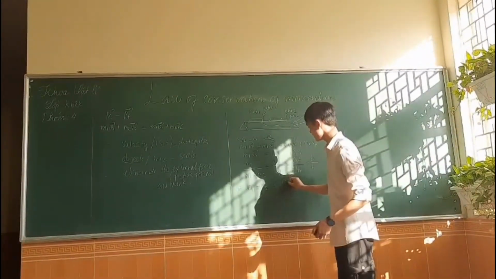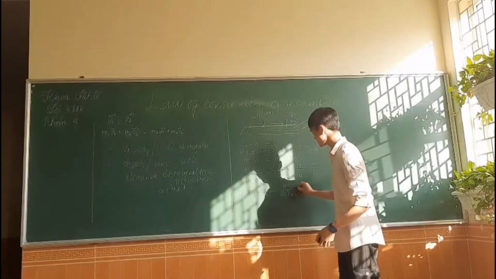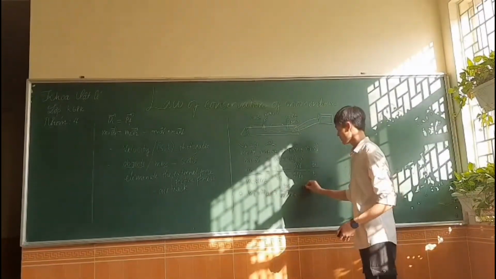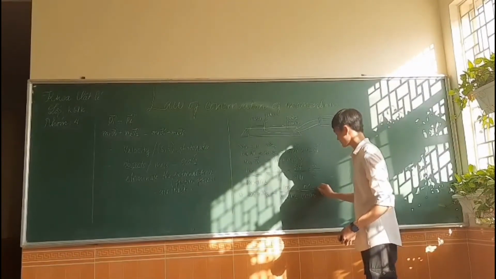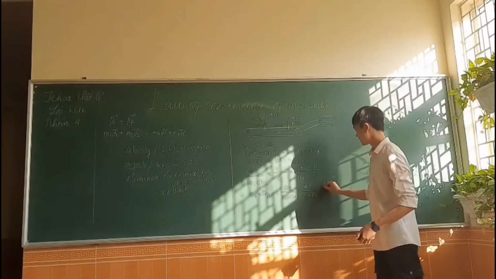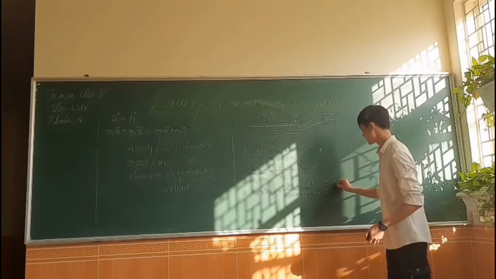Now, m1 over (m1 plus m2) equals 1 over 2, which also equals t1 over t2.